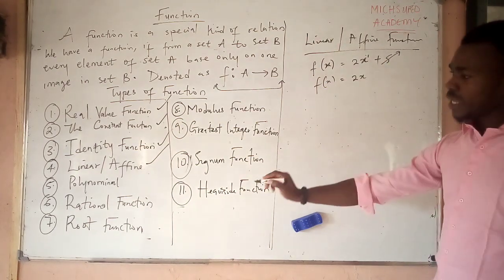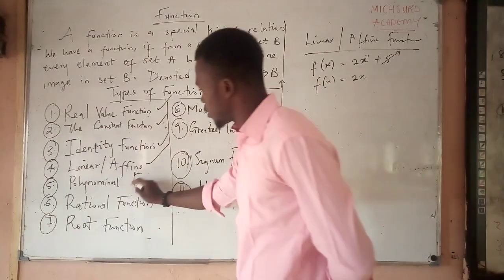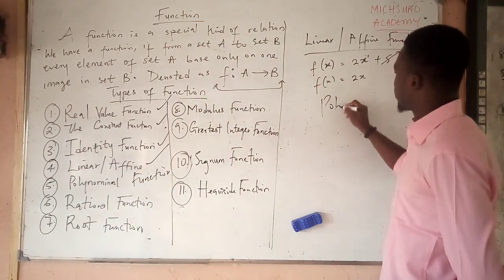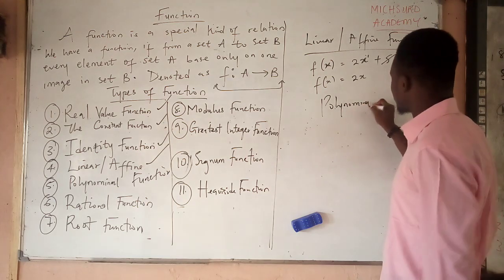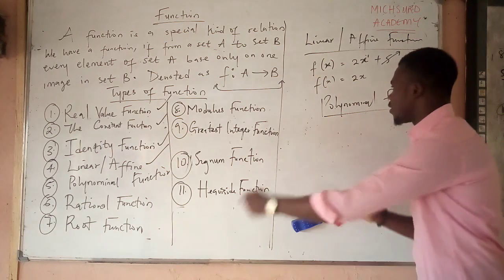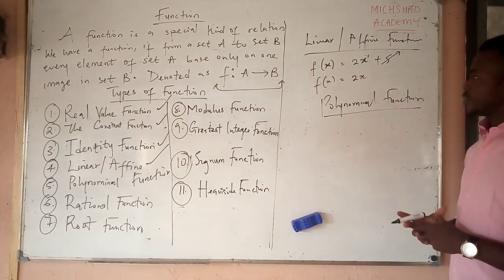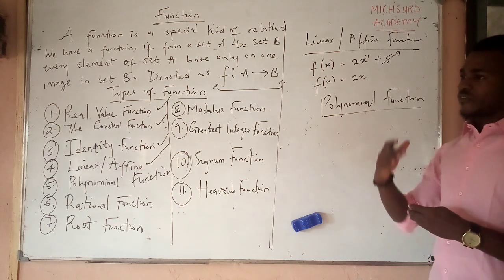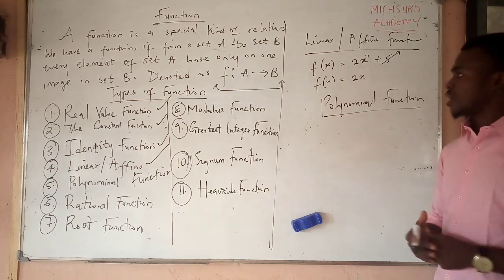Alright, now the next function we talk about is the polynomial function. Now for the polynomial function, we have powers that are 2, 3, or 4 and above.